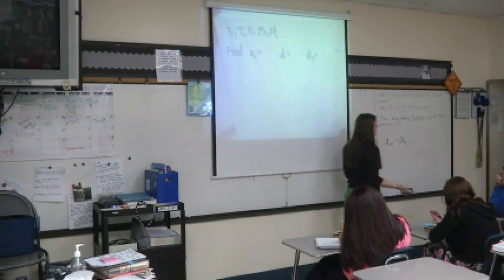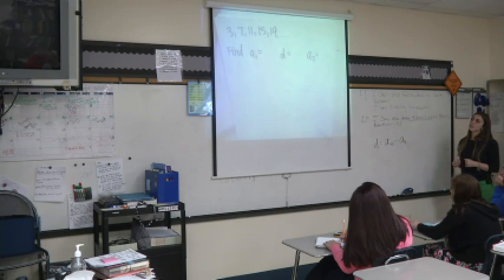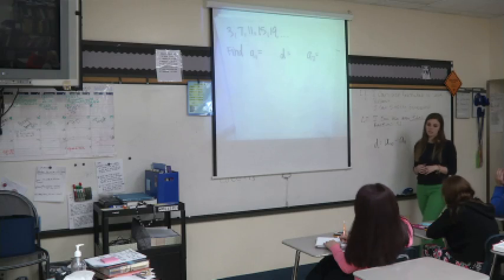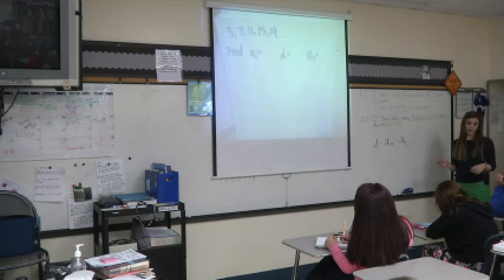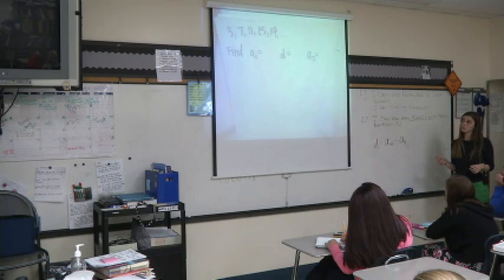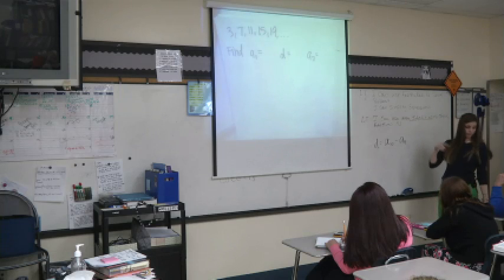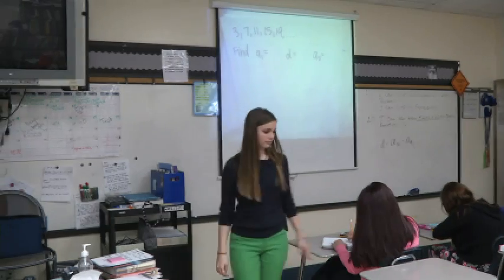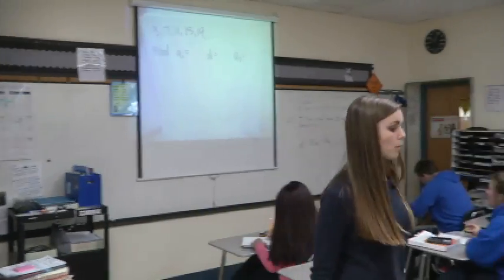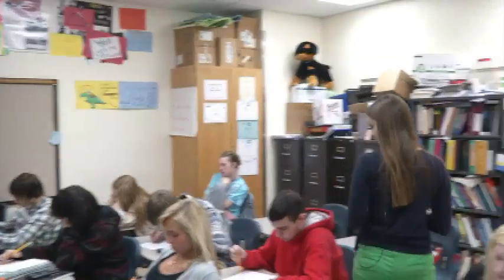I want you to find a sub 1. I want you to find d. And I want you to find a sub 7. Which one? A sub 1, d, or a sub 7? So remember what each of those mean.